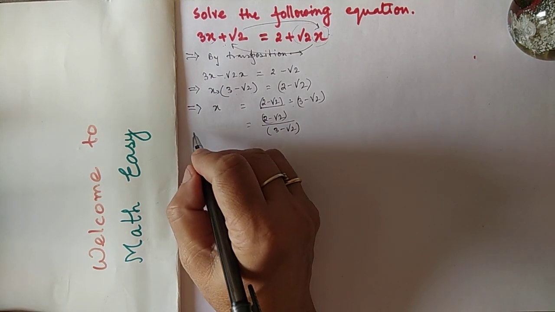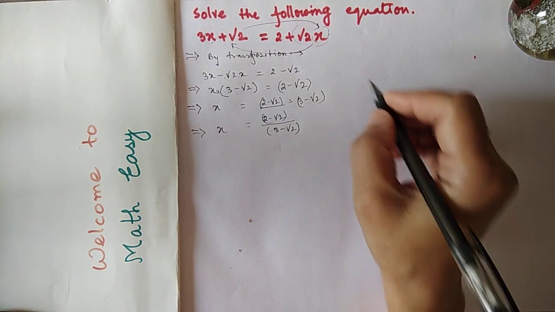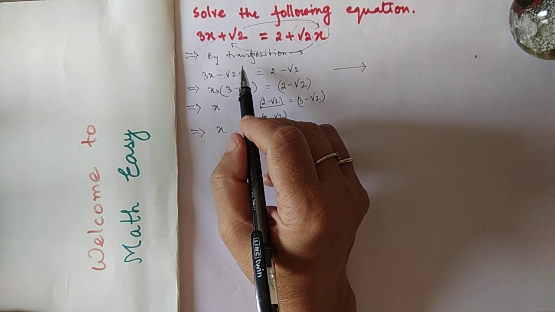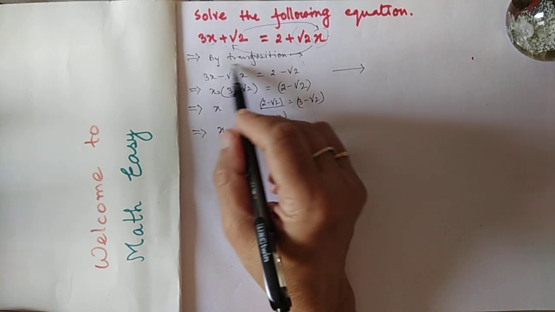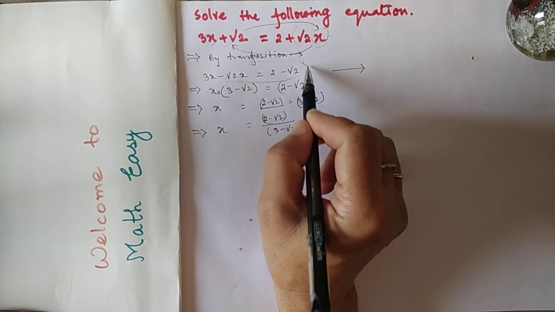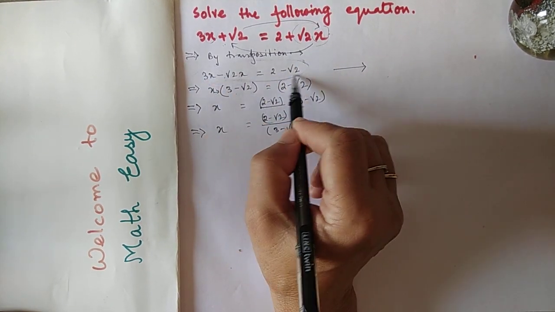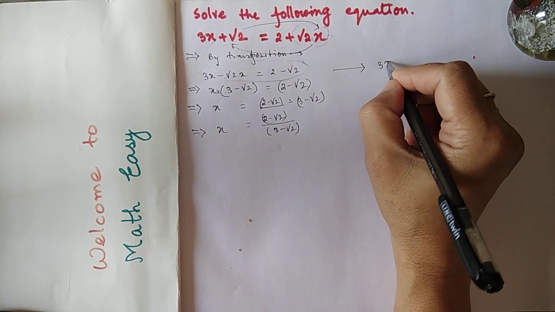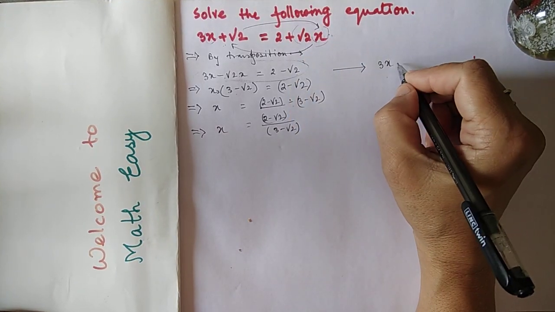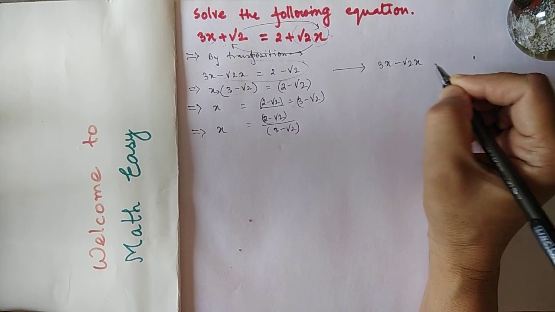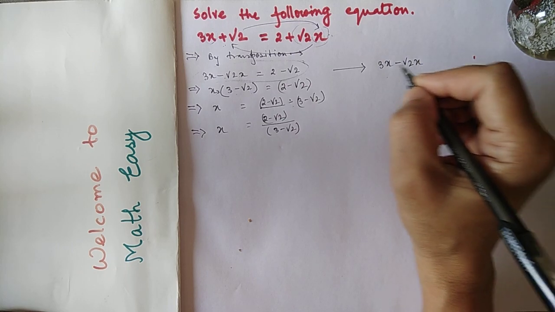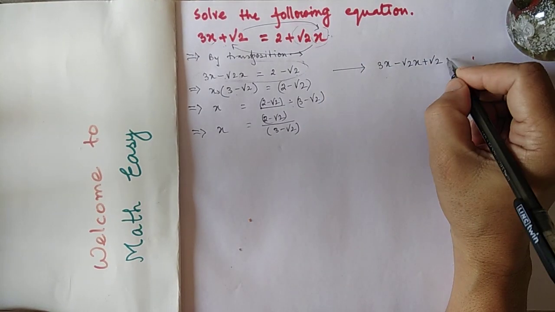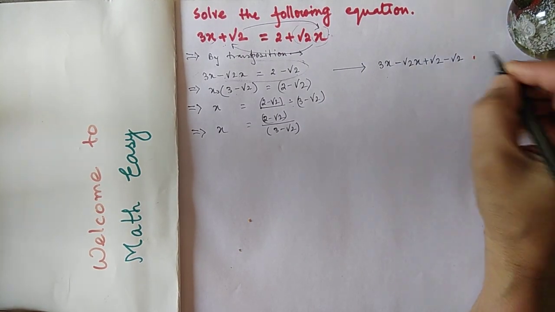Okay. Now friends, we can think of it another way also. See here, by transposition we have brought this step. What we can do here, suppose we subtract minus root 2x from both the sides, and root 2 from both the sides, then what do we get?